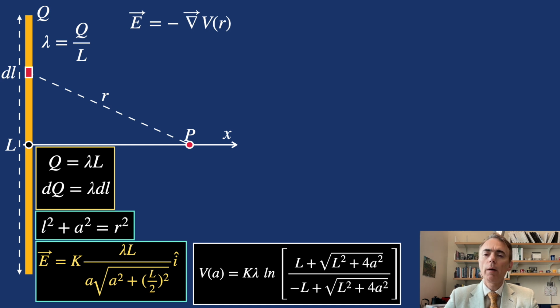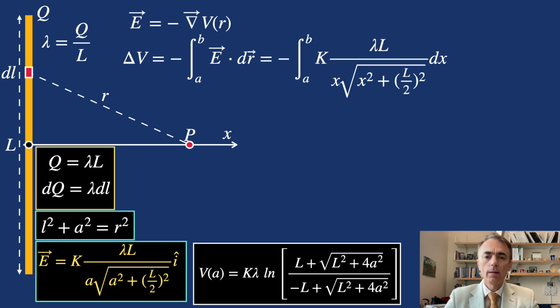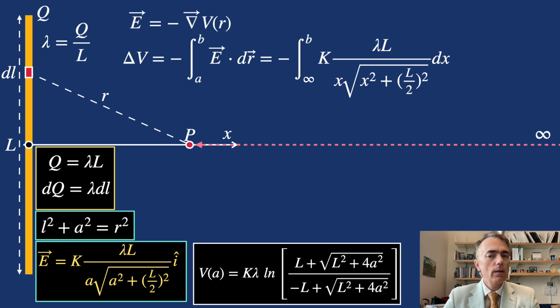E is equal to minus the gradient of V. Or put it another way, the potential difference between points A and B is minus the line integral of the E field between points A and B. Because we expect the potential at infinity to be zero, we are so far away that we do not feel the presence of any potential. I am going to integrate between infinity and point P.